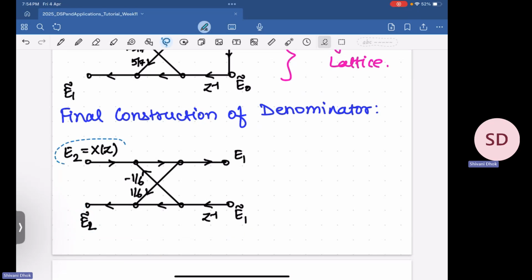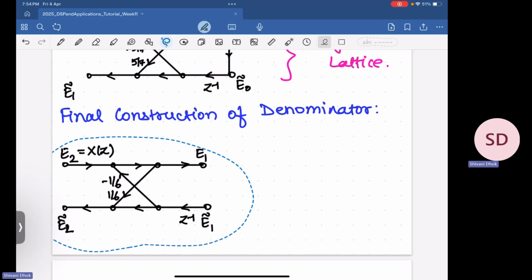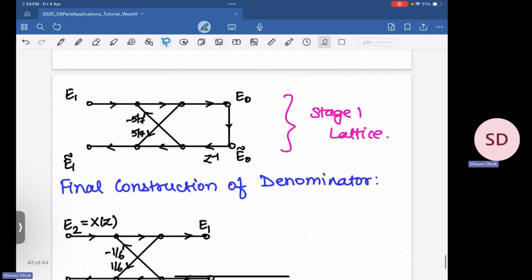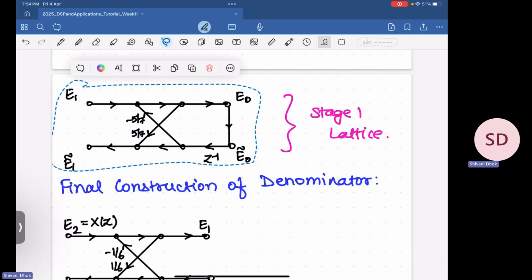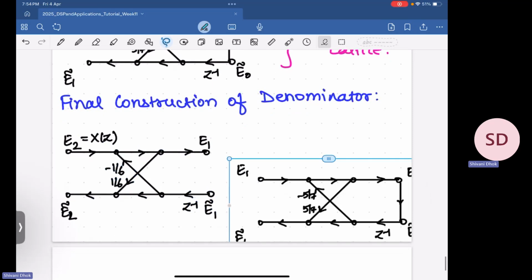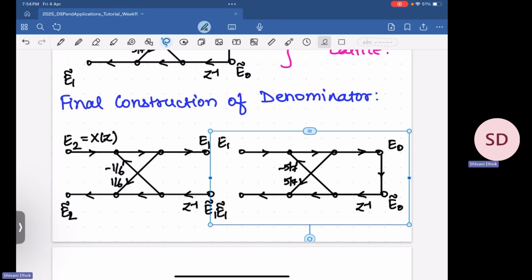Just do something like this to save space. Take E1 here and E1 tilde here. Let me move it a little bit to this side like this. Okay, and then I have this thing here, something like this.